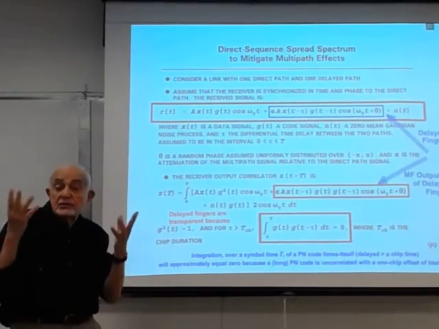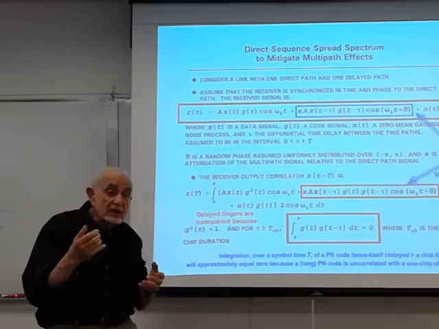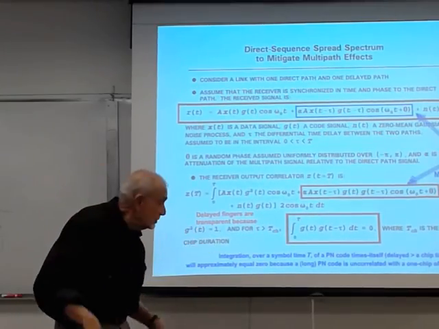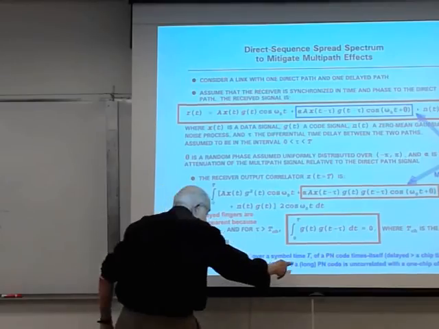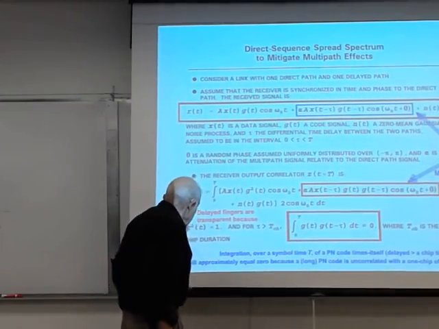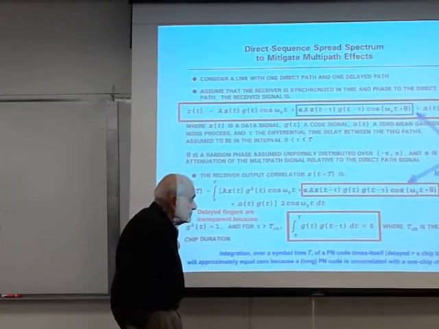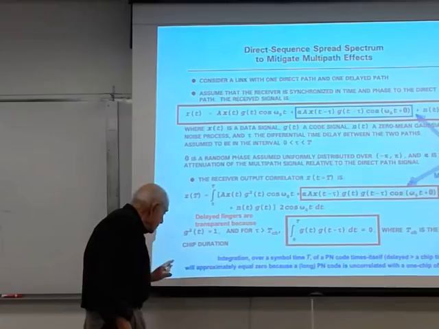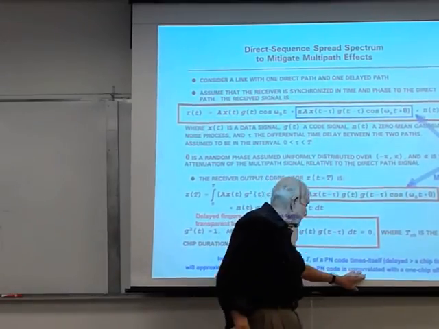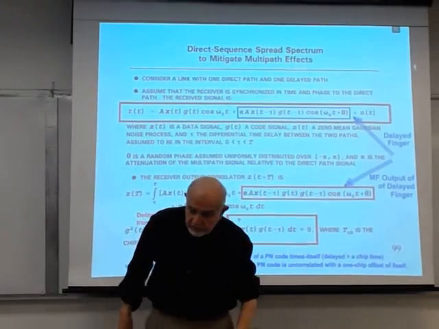Well, there are trivial cases where you won't have exactly zero, if the PN code is, say, six bits long for some trivial code. But for a long PN code, integration over symbol time T of a PN code times itself delayed by more than the chip time will approximately equal 0, because the long PN code is uncorrelated with the one-chip offset of itself.